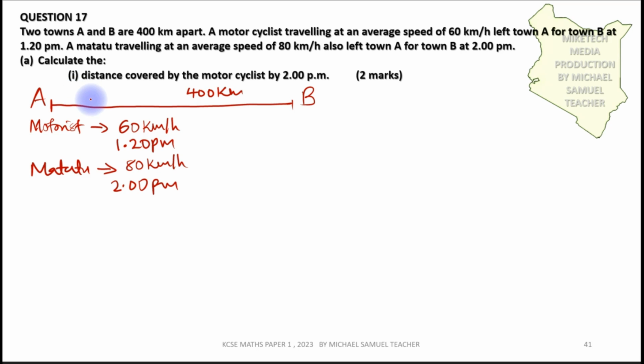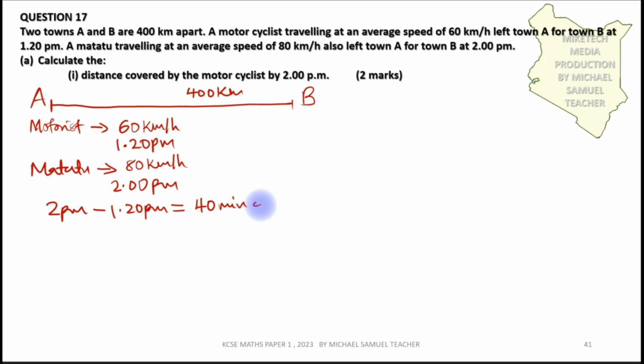So calculate the distance covered by the motorcyclist by 2 p.m. We need to know that from 1:20 p.m. to 2 p.m. the difference in time is actually 40 minutes.